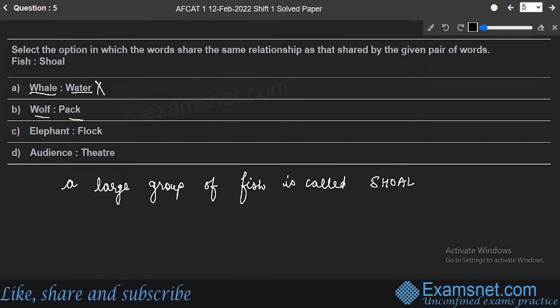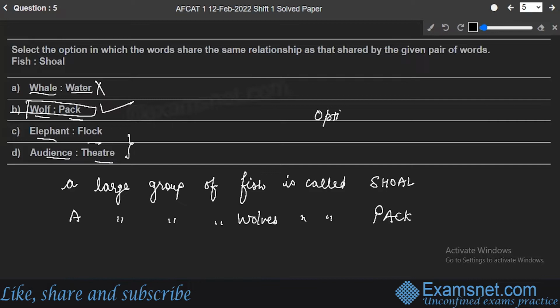Yes, a large group of wolves is called a pack. That's correct. So this is the correct one. See, elephant to flock, audience to theater: a group of elephants is not called a flock, and a group of audience is not called a theater. They go to the theater to watch something, but they are not called the theater. So a group of wolves is called a pack. So option B is the correct answer.